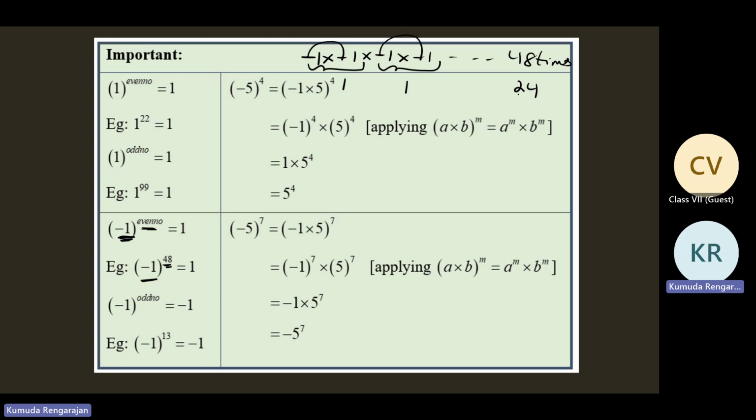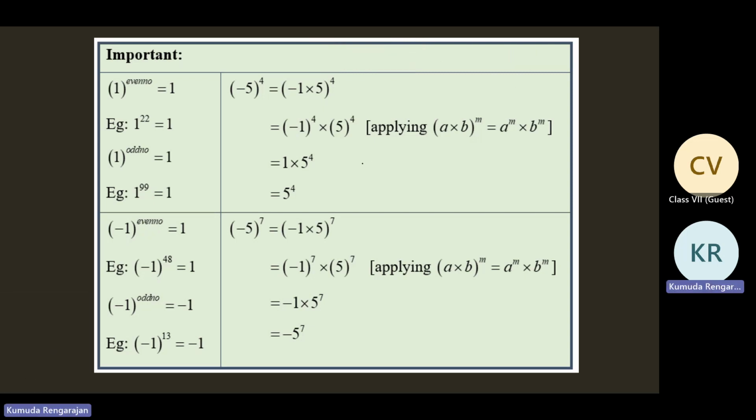When you pair it, you will have 24 pairs, and the product in each pair will be 1. You'll get 1 into 1 into 1, 24 times, which is 1.